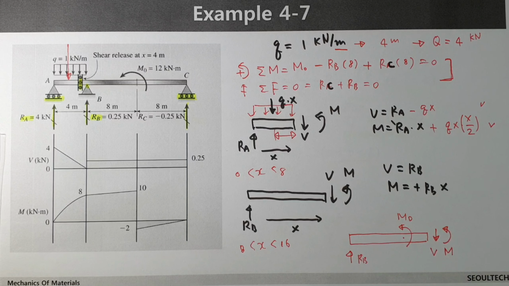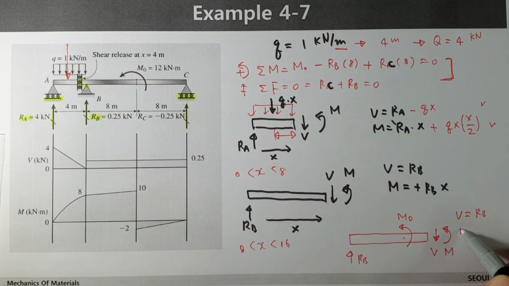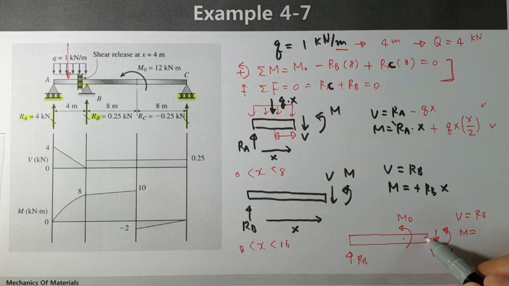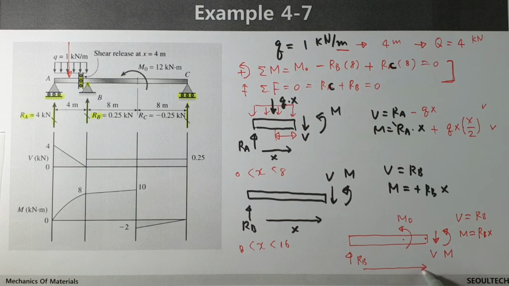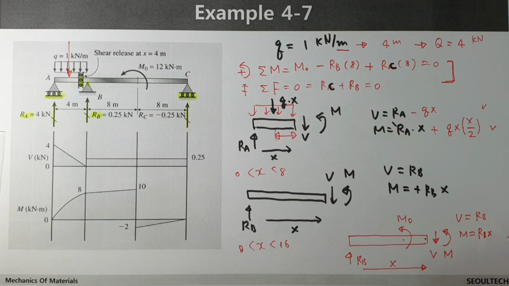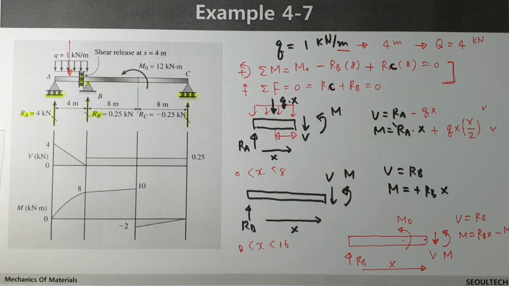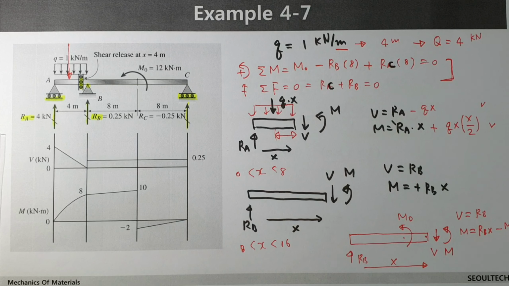When you consider it, then V equals Alp, and M equals what? Let's say this distance is X, and Alp X minus MO, that's it. MO minus Alp X, that's the moment.